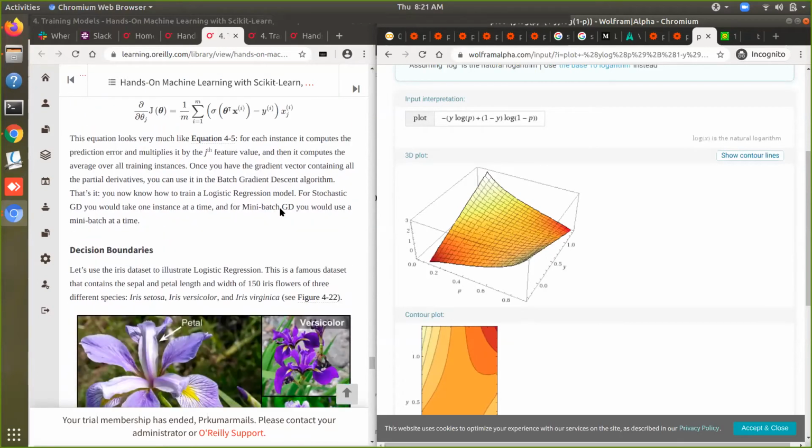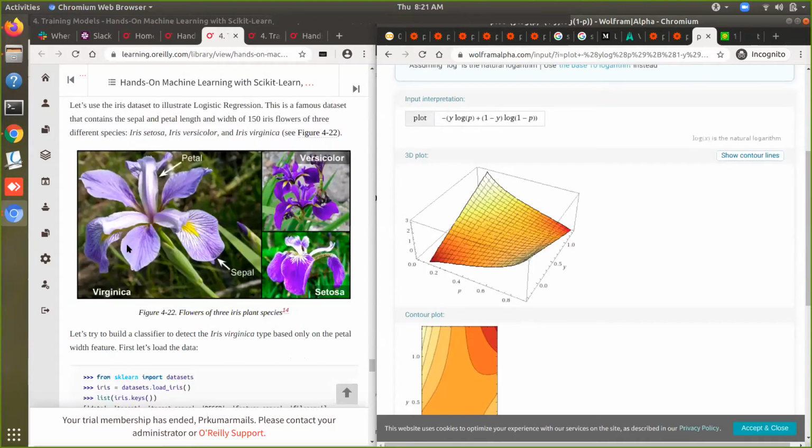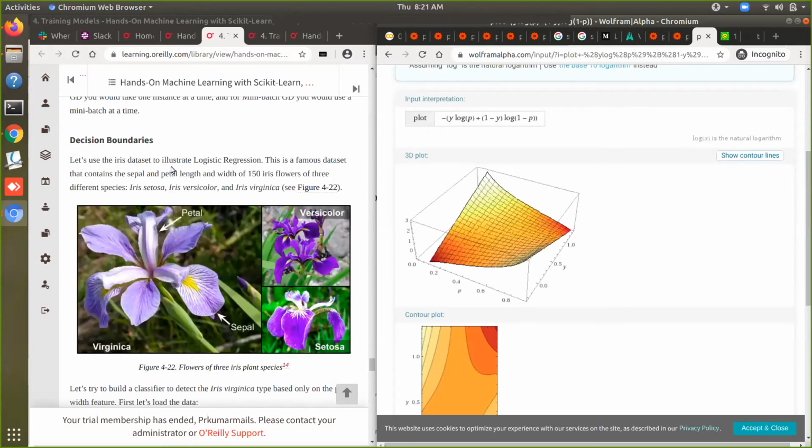And yeah, the next key thing is the decision boundaries. Here there is a problem of classifying the flower based on its petal length and sepal attributes. The sepal is how large this part is. So this is one such flower, and for this flower, this is some sepal, and like that, what is the length of this stem, something called the petal.